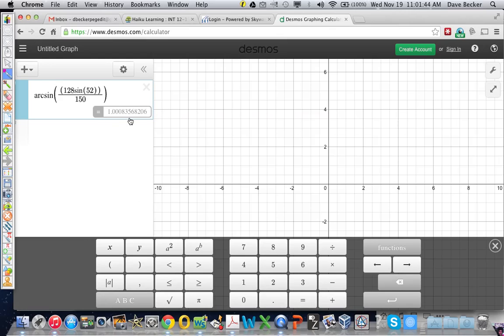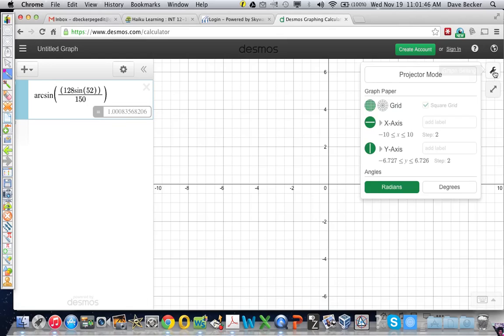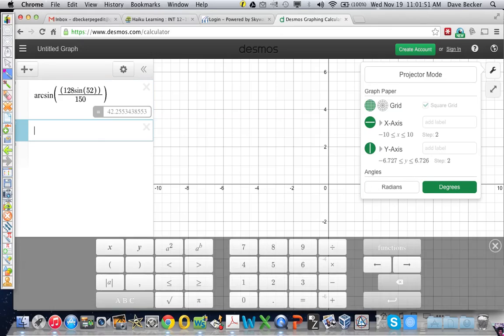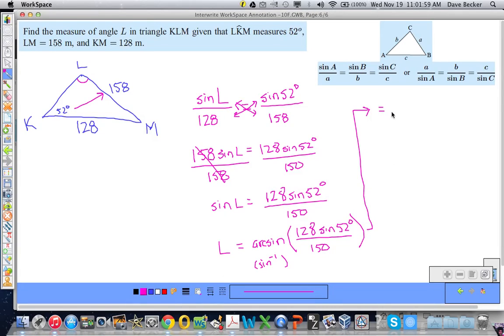Okay, and I'm in radians, so I need to change to degrees. Wham, bam. Awesome. And I get 42.3 degrees rounded to the nearest tenth. So I have found the measure of angle L is equal to 42.3 degrees.